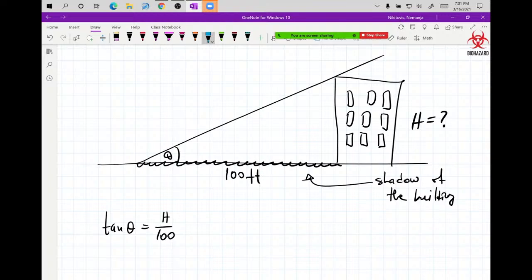You can take yourself and you can stand, right? Move back and forth until the tip of your head over here lines up with the shadow of the building. That means that your shadow also overlaps there.